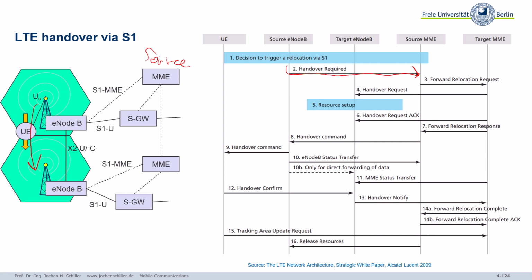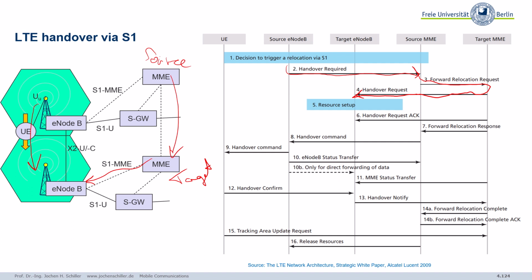The source MME will then check with the target MME, could be the same MME, in this case it's a different one, the target, if this works. Then we need certain resources. We have to set this up at our target eNodeB. Do we have the resources, etc.?